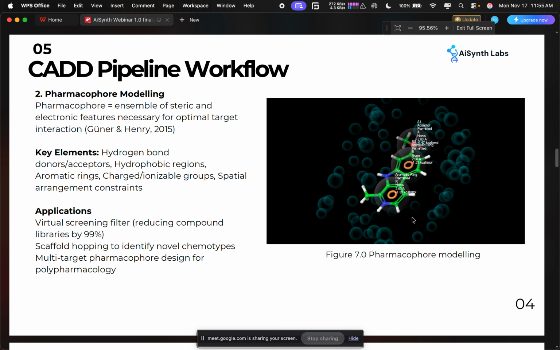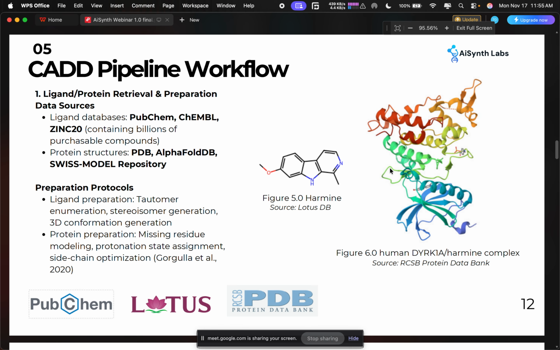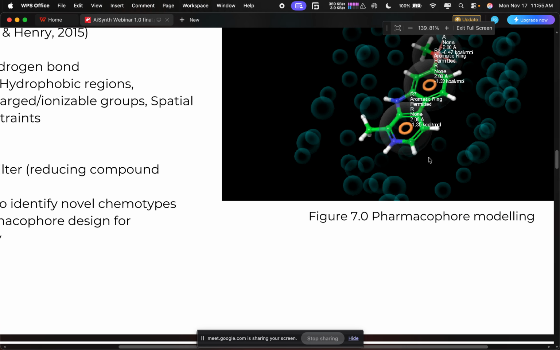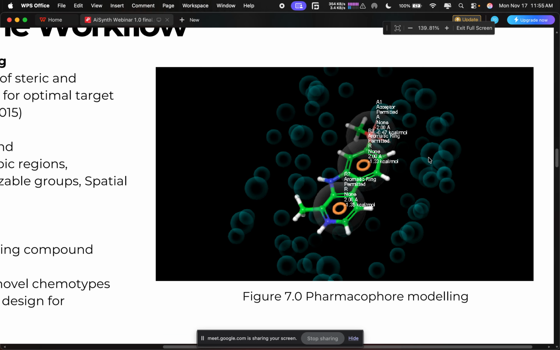should have. That means now if you look at this compound here, this is harmine, binding to the DYRK1A protein, the one I showed you on this page. This is it here in 3D space, in one of the computational tools, Schrodinger Maestro. And as you can see here, it has 3 pharmacophoric features.